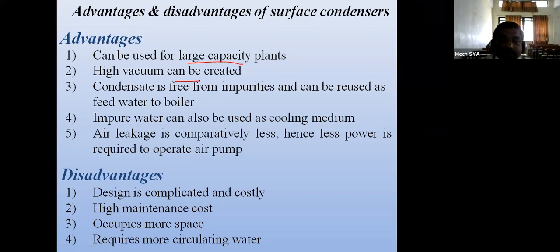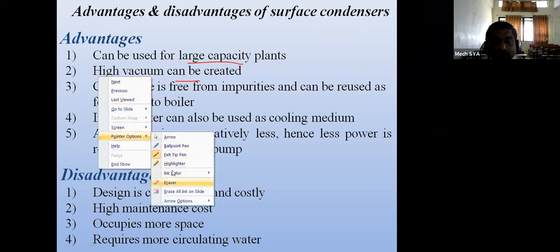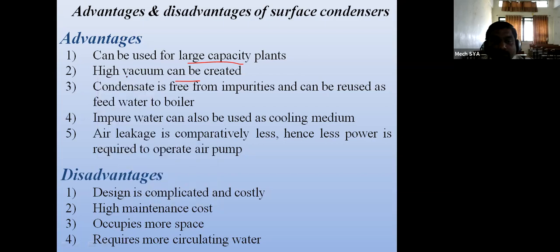Then the condensate is free from impurities because it doesn't mix with cooling water, and therefore it is pure and can be reused as feed water to the boiler without any water treatment. Impure water can also be used as a cooling medium.